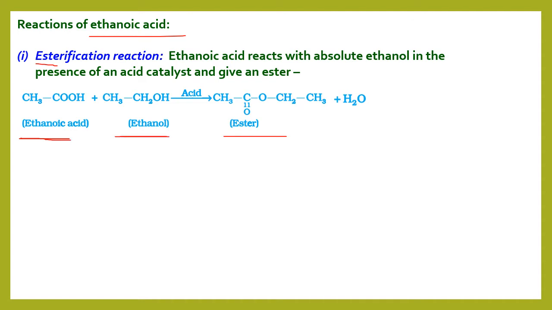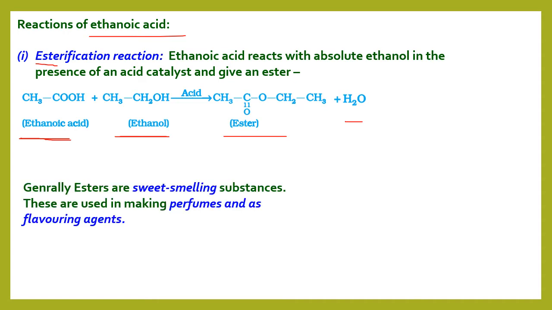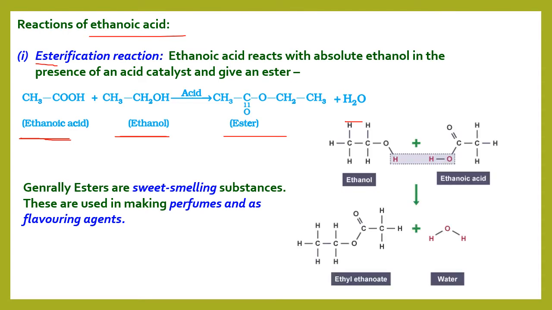CH3CH2OH, that is alcohol. So the reaction between these two compounds gives CH3COOCH2CH3 plus H2O. Generally, esters are sweet smelling substances and they are used in making perfumes and flavoring agents.